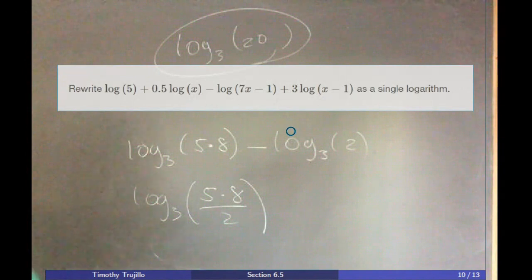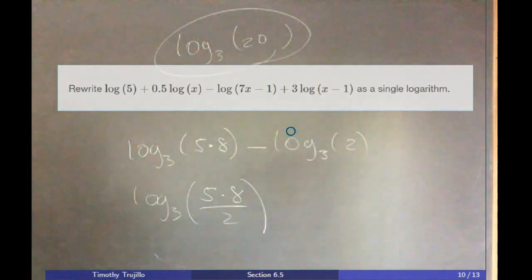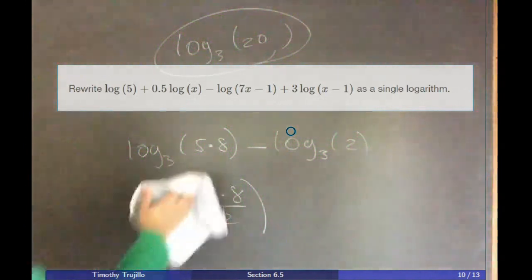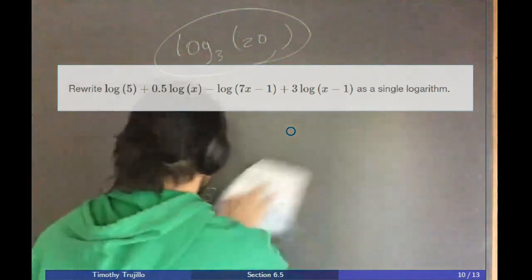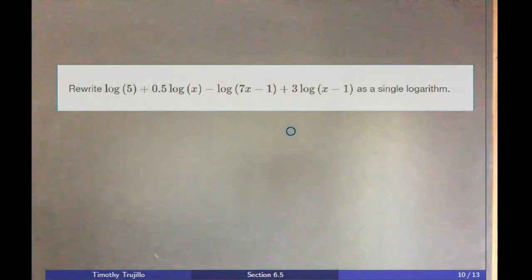Here's a slightly harder one. Here, the 0.5, you should think about it as 1/2, and you can rewrite it as a square root when you bring in the exponent. So again, we're going in reverse now, and instead of expanding, we're now condensing or contracting.